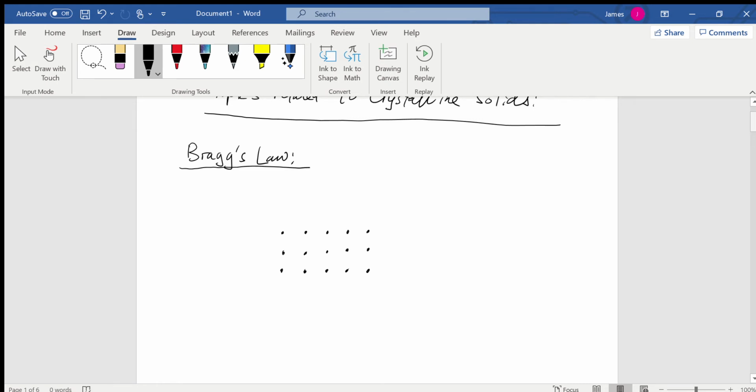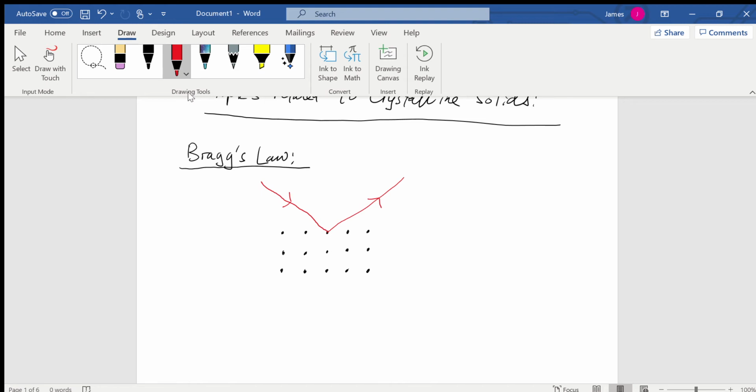Okay, and then imagine that we have incident X-rays. So we're going to try and probe the surface of this crystalline solid with X-rays. So let's say we have X-rays coming in a reasonably straight line and hitting the surface of the crystalline solid and then bouncing off essentially.